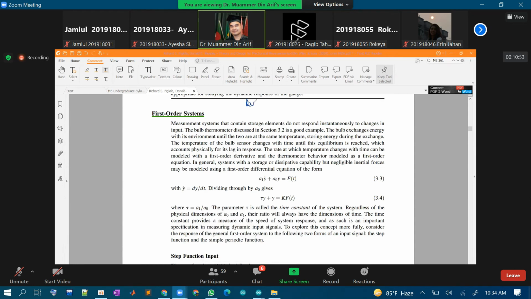d of y or x, whatever, by dt or dx, any rate of change, plus some constant. Let me call that constant coefficient a1 plus a naught y, and it's equal to the forcing part f of t.